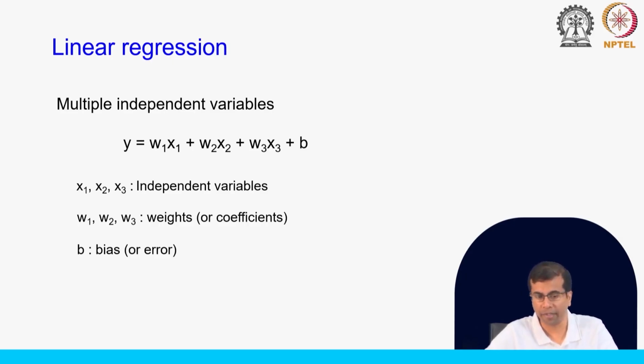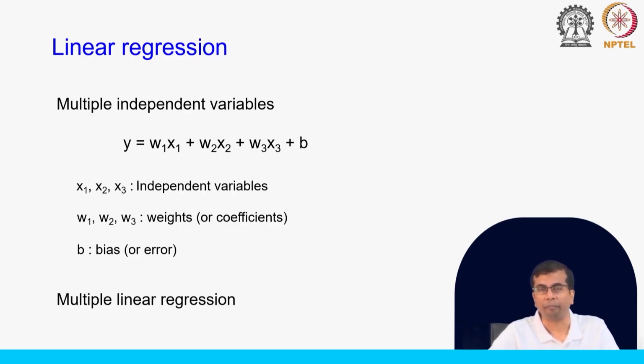We have three independent variables here, x1, x2, x3, and for each of them we have the corresponding weights or coefficients w1, w2, w3, and we also have the bias term b. This is a more general form, and more applicable to biological data, where we have multiple independent variables from which we want to predict a response variable y. This is called multiple linear regression.